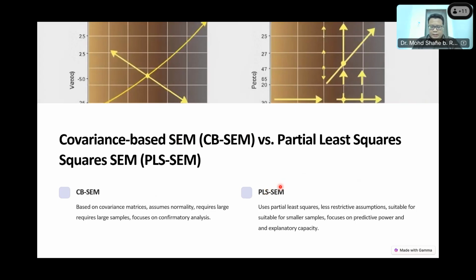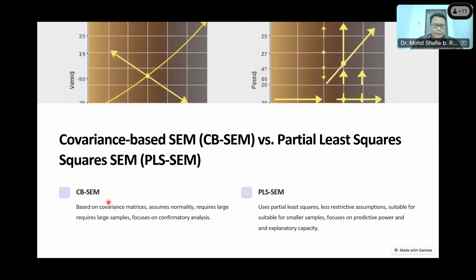So you have to understand this. If you're using covariance-based SEM, you can use AMOS as well as SmartPLS. If you're using partial least squares, you have to use SmartPLS and other suitable software.